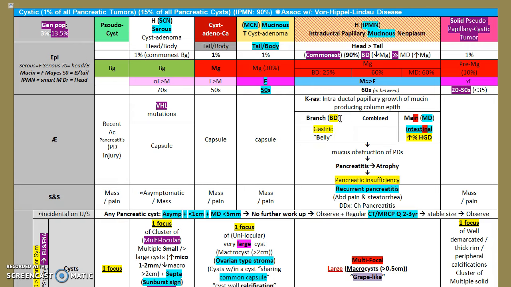The branch duct have a gastric cell type, the stomach is in the belly, of course, so that might help you remember that. And why does the main duct carry a more malignant potential? Because the intestinal type are prone to have more dysplastic changes. Alright.